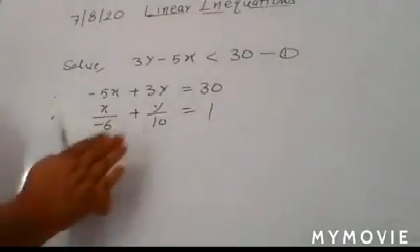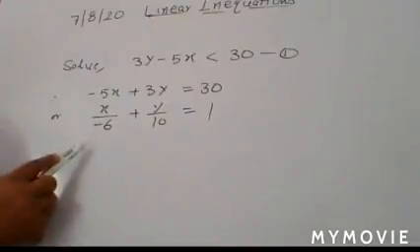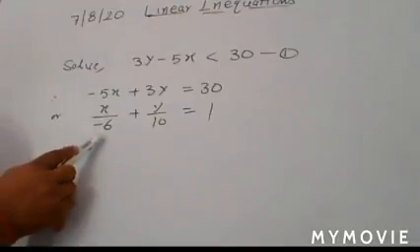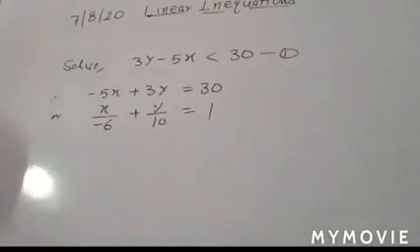This result in reduced form shows that the line intersects the x-axis at minus 6 and the y-axis at 10. Understand? So with the help of that, you can very easily plot its graph.